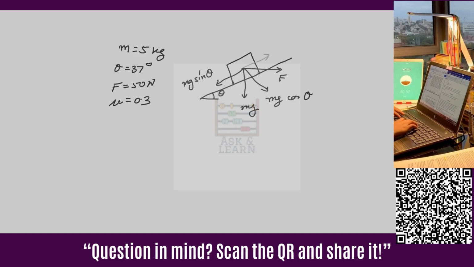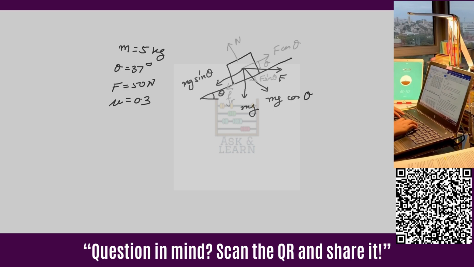One is along the incline, this is f cos theta, and perpendicular to it f sine theta. Here you have the normal reaction N, and since it is moving up, there will be friction acting opposite to that. So these are the forces that you will have.